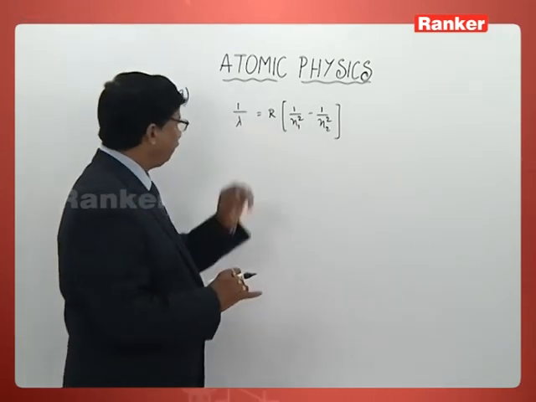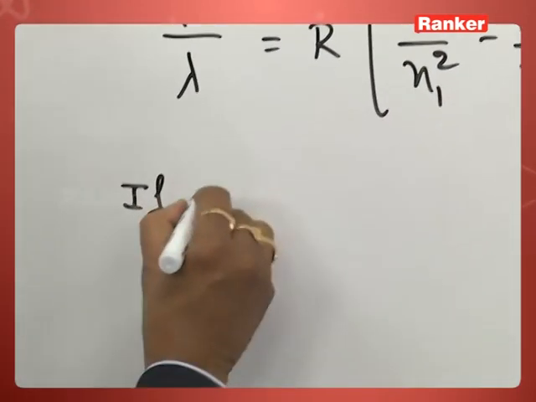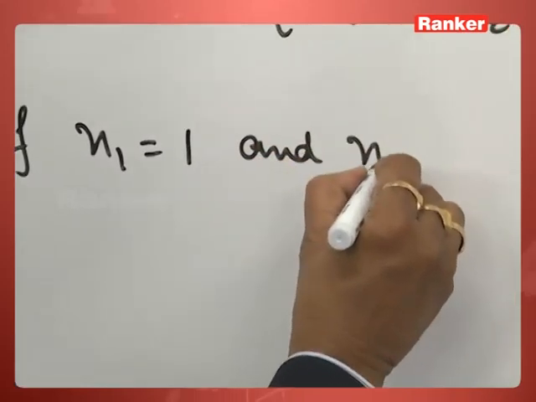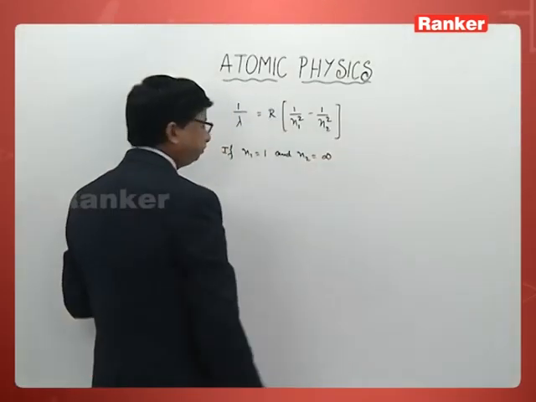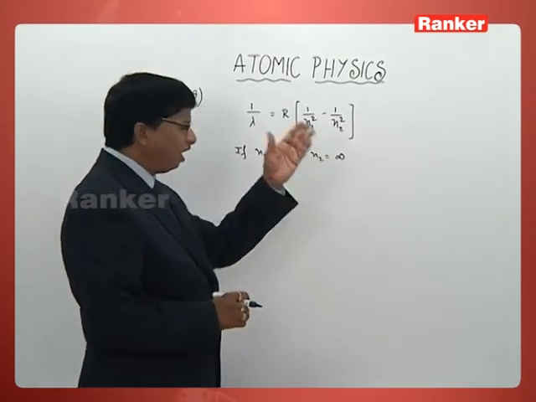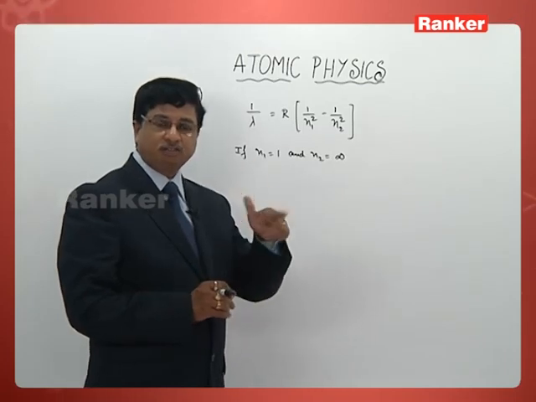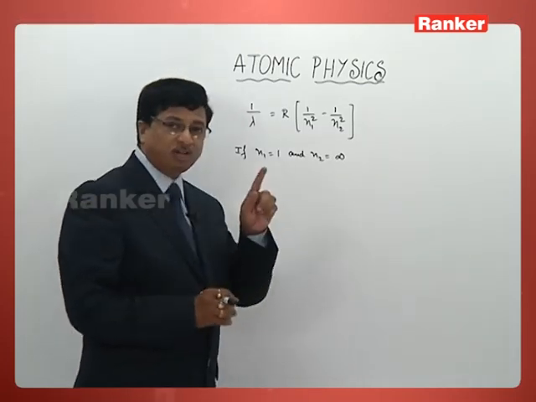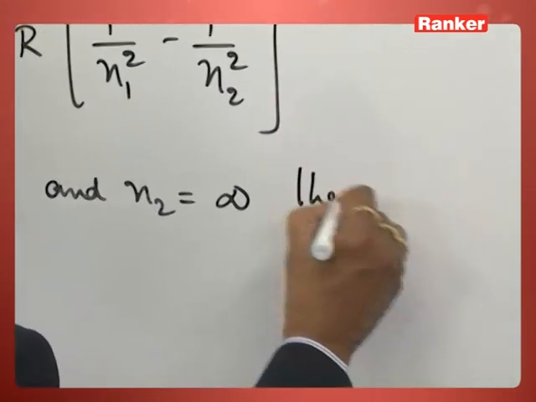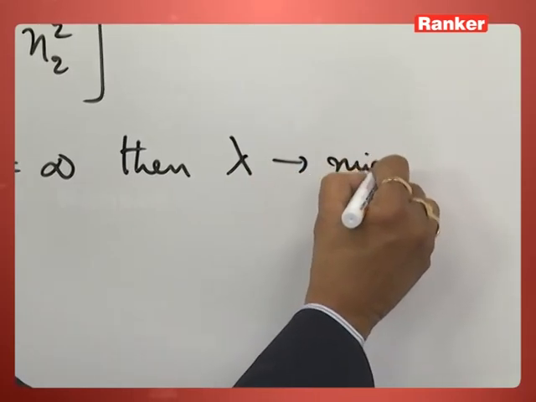So if you look at this equation, if n1 is equal to 1 and n2 is equal to infinity, from the last shell that is possible, if the transition is taking place right into the first shell, then wavelength will be minimum.